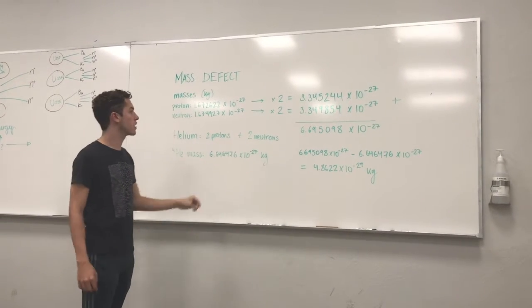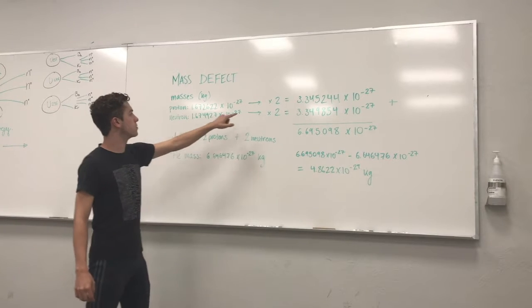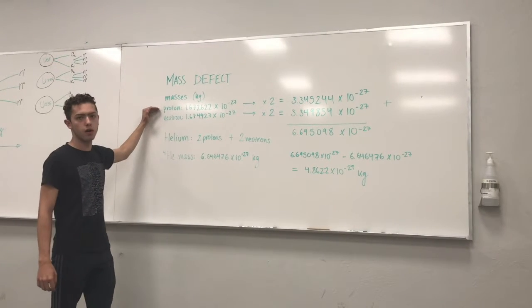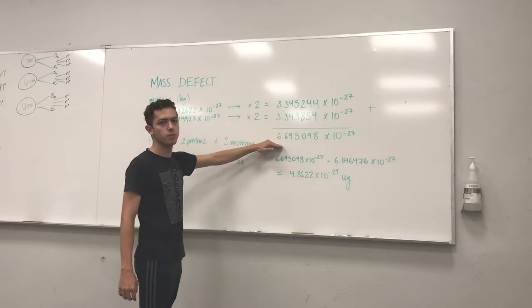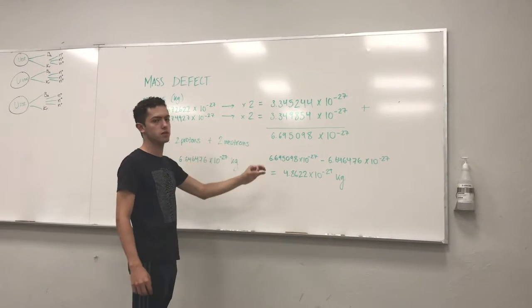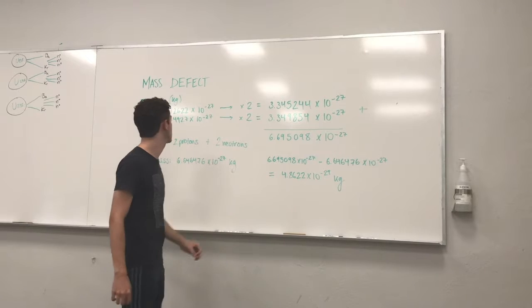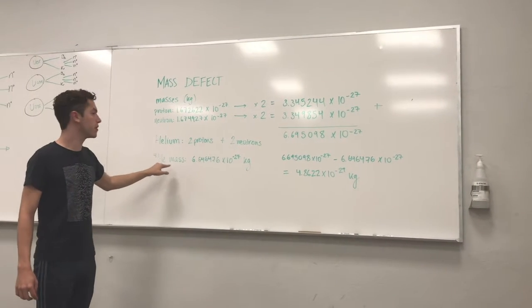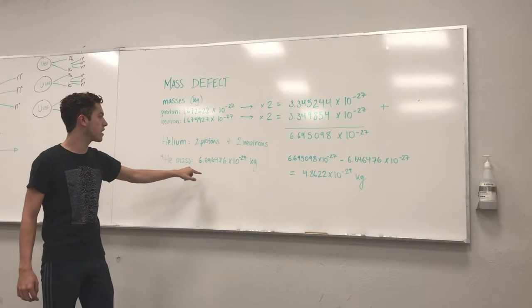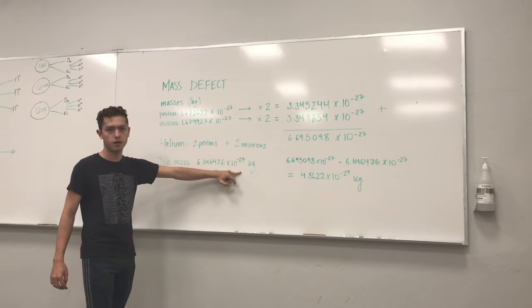So to get the number, we're going to have to multiply the mass of the proton by 2, as well as the mass of the neutron, and then sum them up to obtain the total mass of its individual nucleons. And we know that experimentally, the helium mass has been calculated to be this number here.